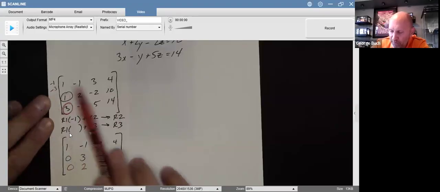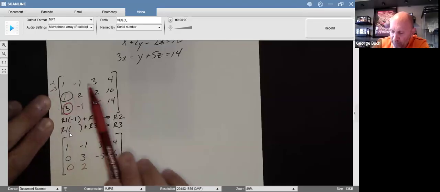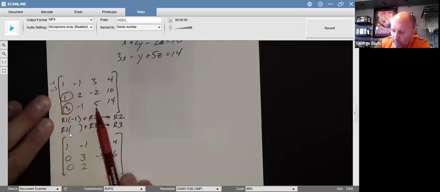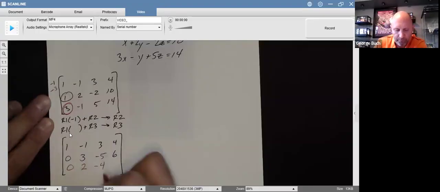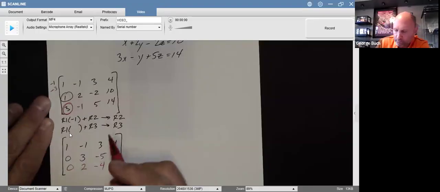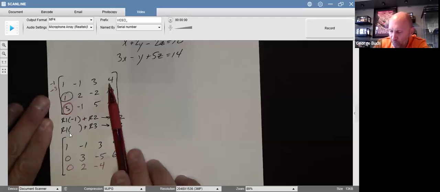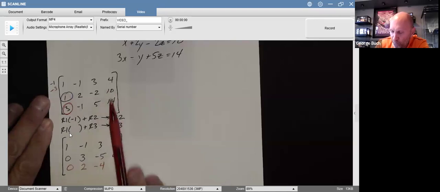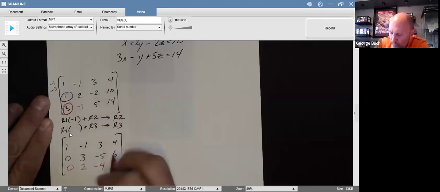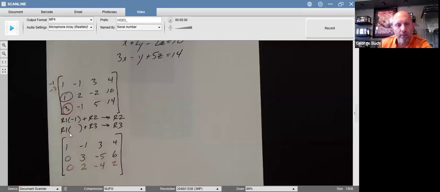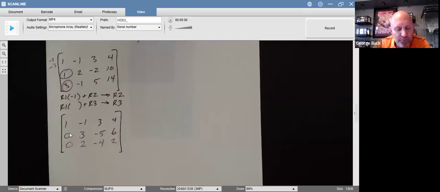Negative 3 times 3 is negative 9. Plus 5 is negative 4. And then negative 3 times 4 is negative 12. Plus 14 is 2. Oh, and this was times negative 3.